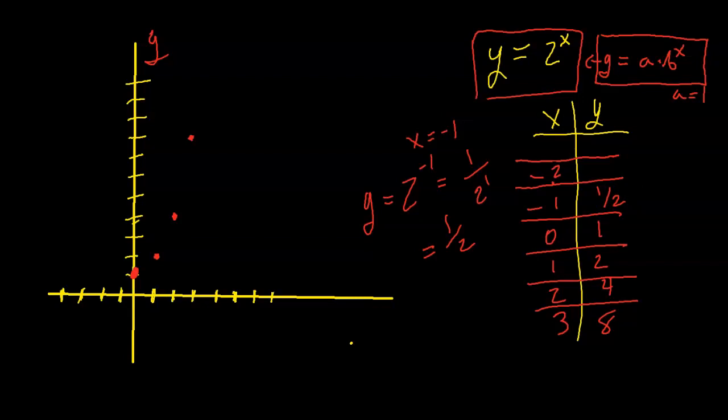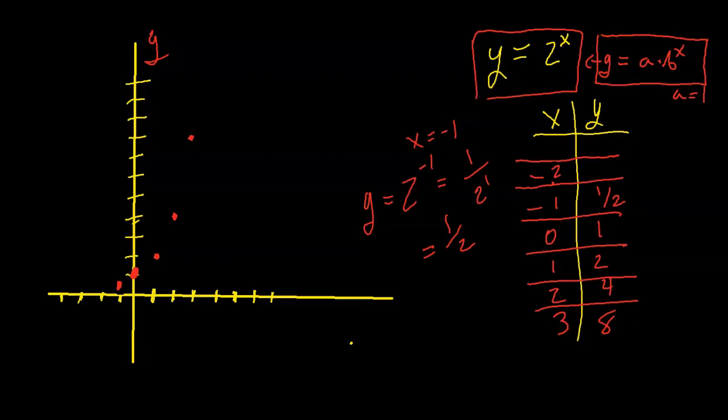So first of all, let me try to get some room here. Let me try to get rid of the upper parts of these x value markings, okay? All right, this will make it easier for us to work. So when x equals -1, y should equal positive 1/2, right around there, right? Positive 1/2, right? Okay.